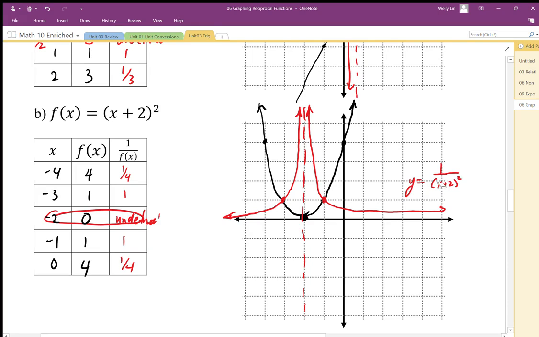When we have a squared factor, we call it a multiplicity of 2. When we have squared factors in the denominator, we actually get vertical asymptotes where, instead of pointing in opposite directions, one up and one down, on opposite sides of the asymptote, they point in the same direction. And that's a feature of these squared factors in the denominator.